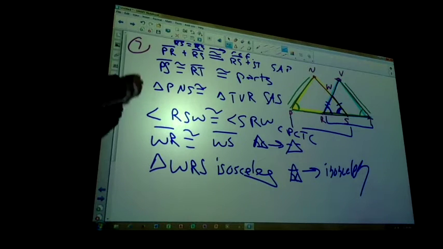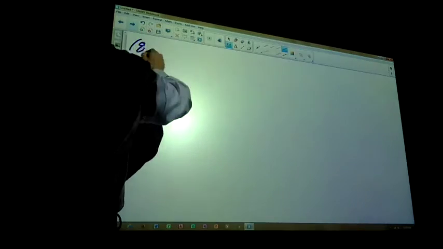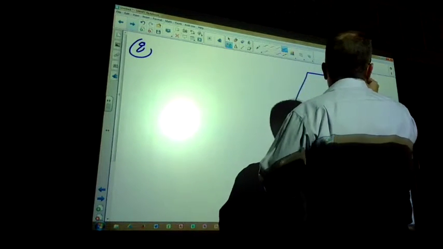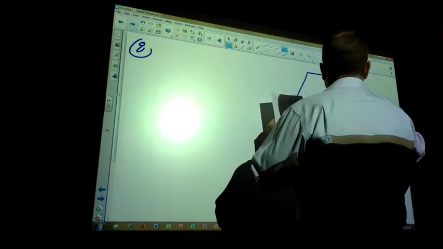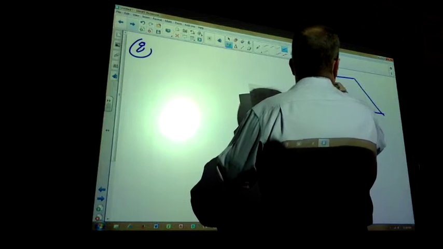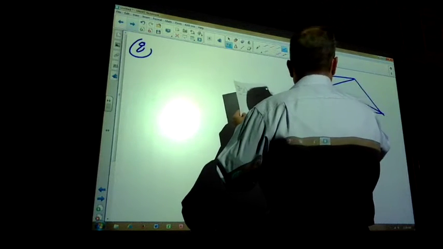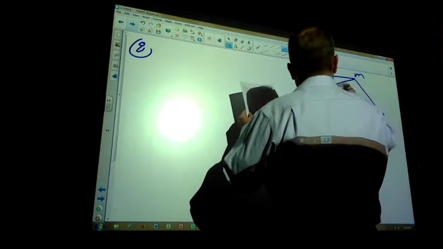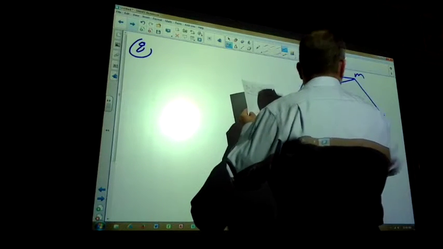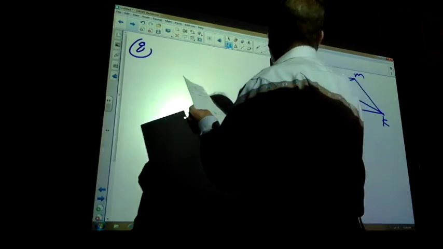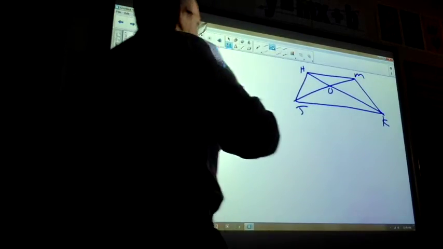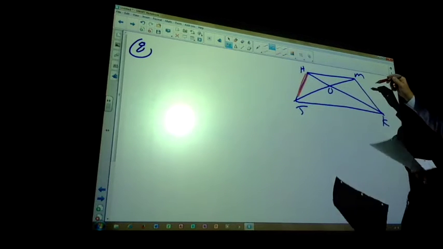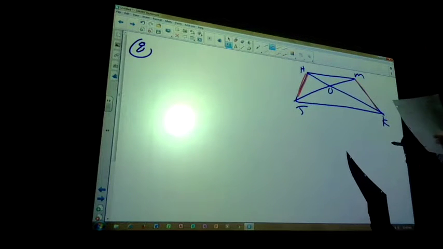And then number 8, last one. All right, so our givens HJ and MK, those are congruent, sweet.